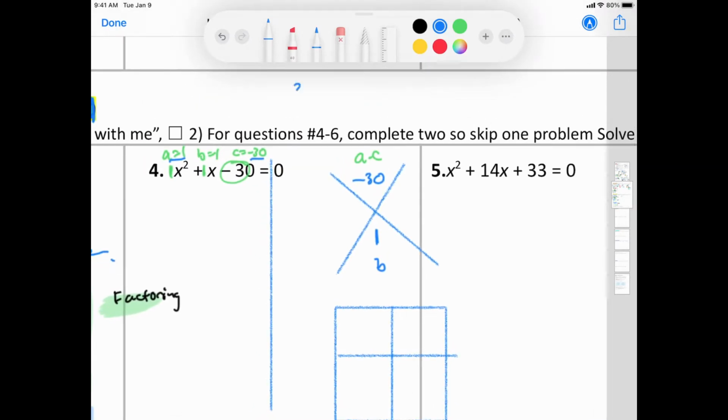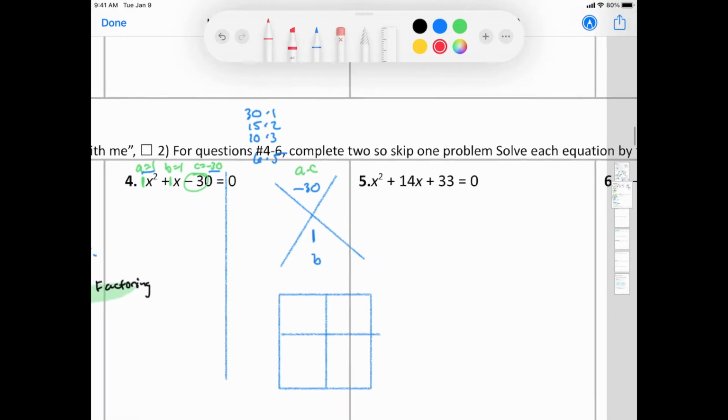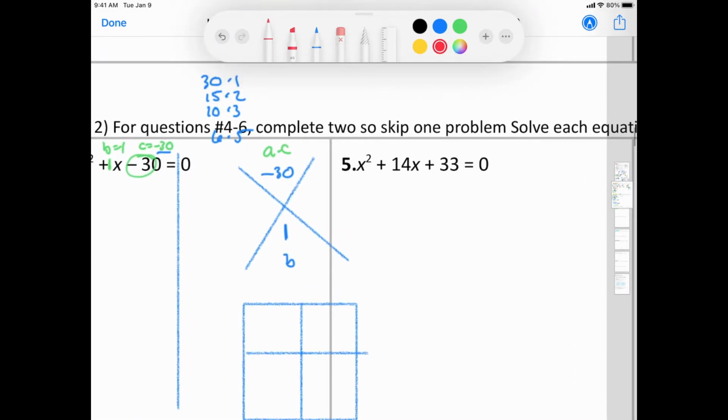And the factors of 30 are 30 and 1, 15 and 2, 10 and 3, 6 and 5. Do any of those kind of match, right? The difference of those. Did you notice I put the bigger number on the left and the smaller number on the right? Well, that one matches.